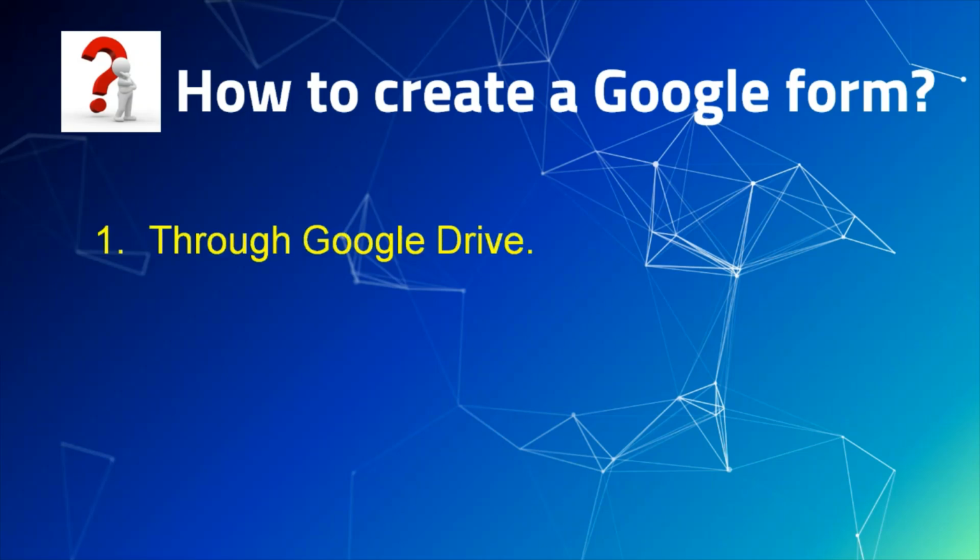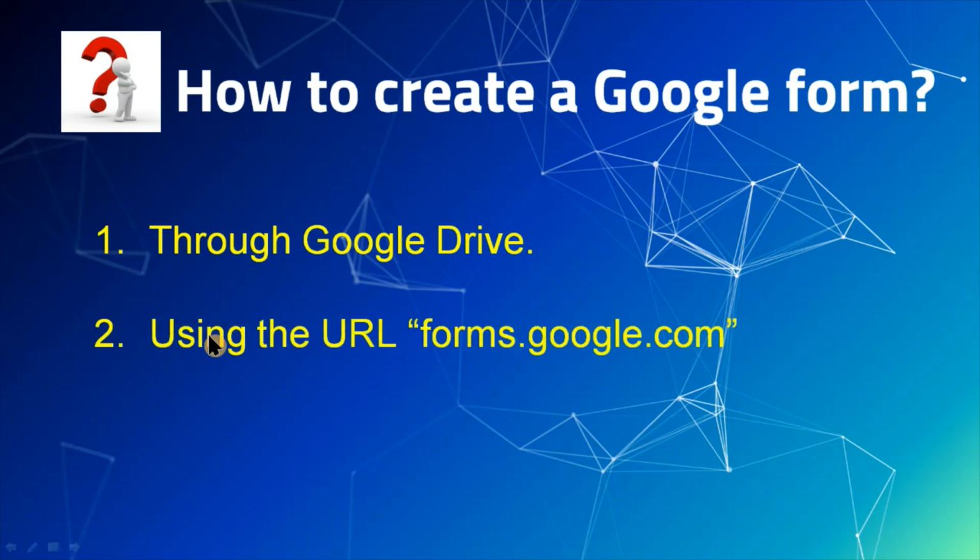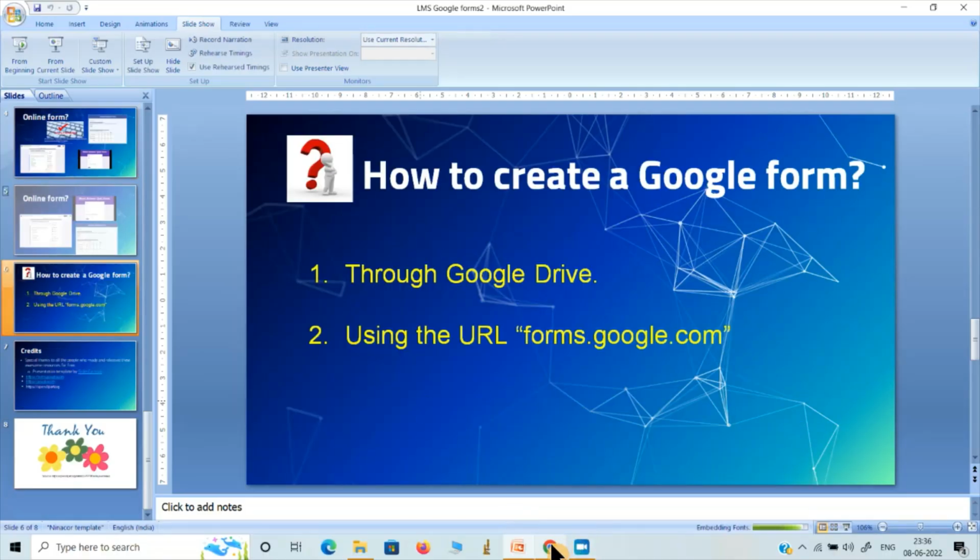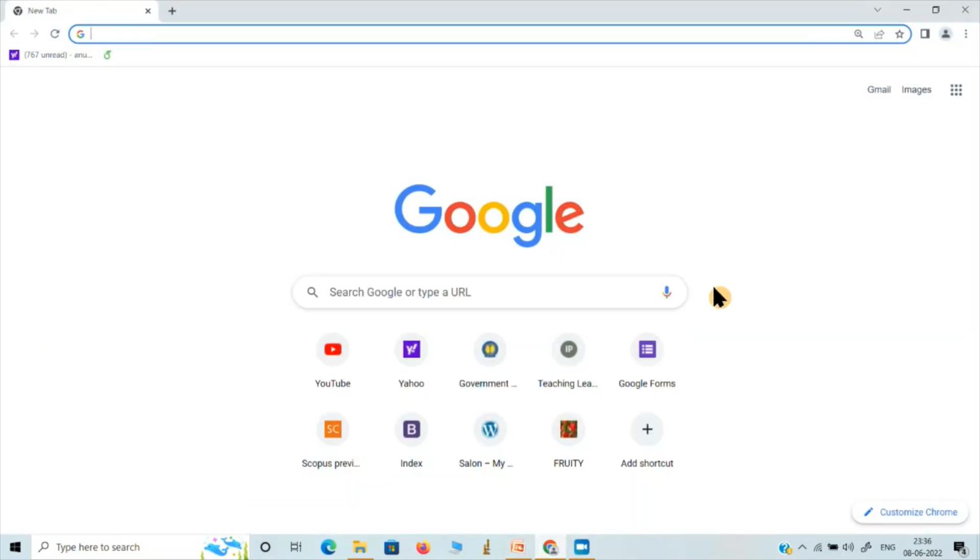The first one is you can start creating a Google Form through your Google Drive, and maybe in the previous classes you might have learned what a Google Drive is, right? Another method is, instead of starting from the Google Drive, you can directly type forms.google.com in your browser, and then you can start creating your Google Form.